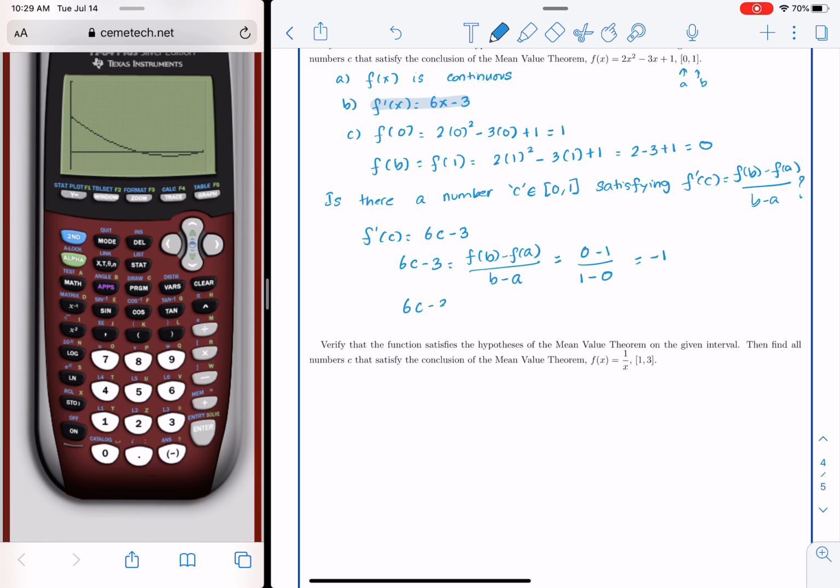So 6c minus 3 equals negative 1, 6c equals negative 1 plus 3, 6c is equal to 2, which means c is 2 over 6, and c is 1 over 3. c equals 1 over 3 certainly lies between 0 and 1. So mean value theorem holds true.